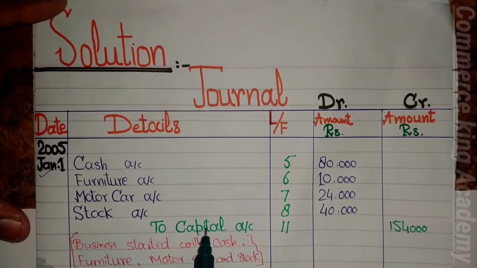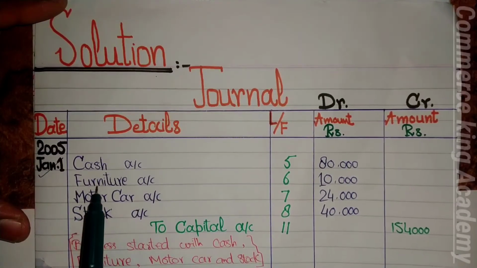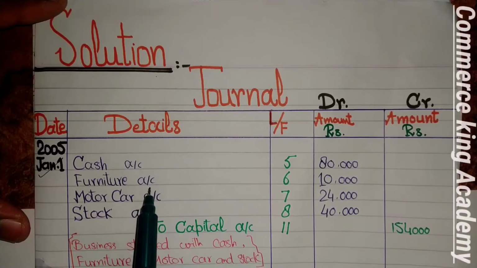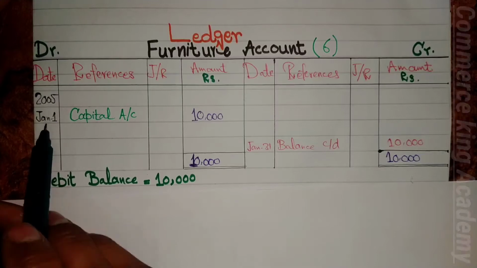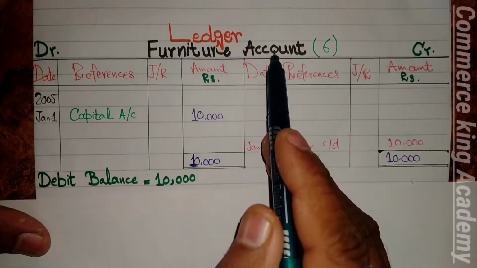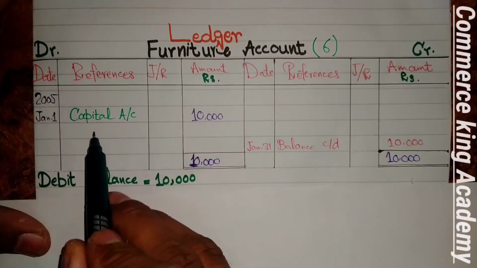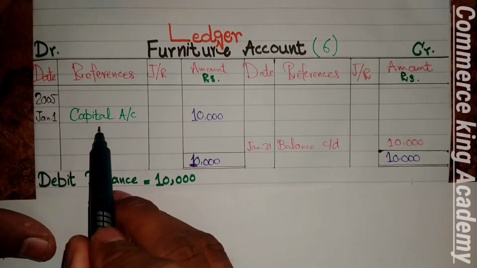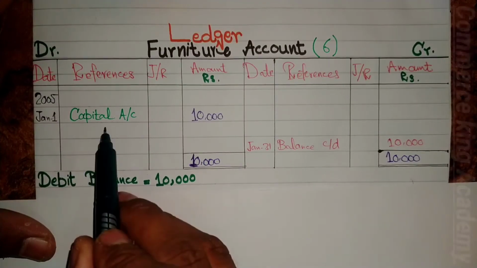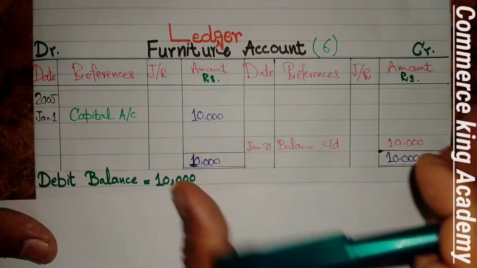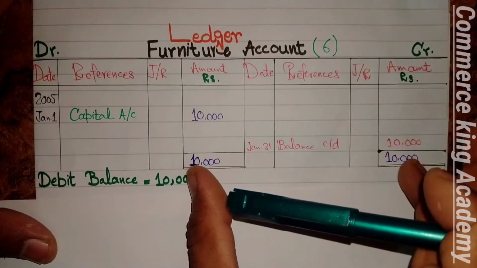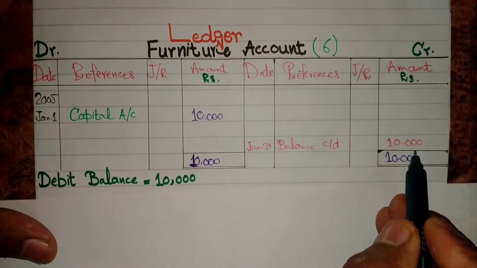We will enter furniture account into the ledger in this way. Jan 1st 2005, furniture account debited by capital account. We will enter the opposite name of furniture account, which is capital account, with amount 10,000 rupees. We have totals of both sides and ultimately the balance of 10,000 rupees on credit side.